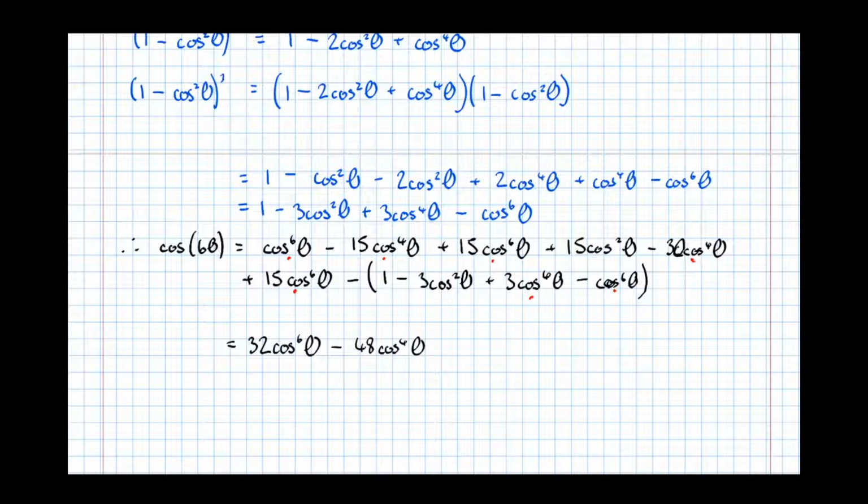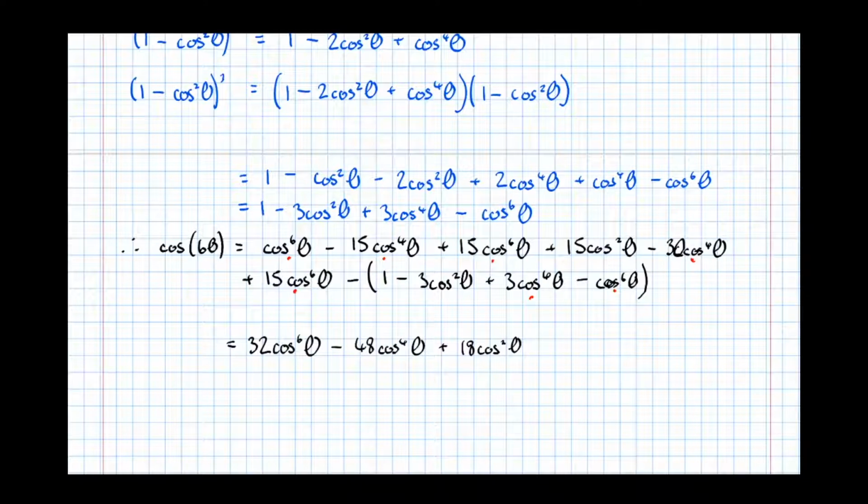Cos squared thetas, we've got 15 and a double minus there, so 18 of them. So plus 18 cos squared theta.